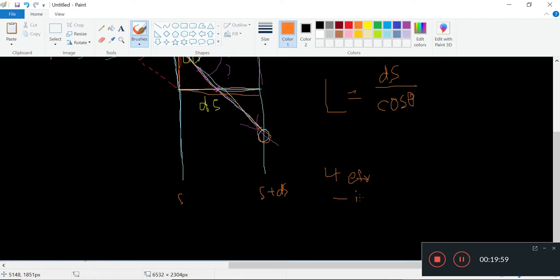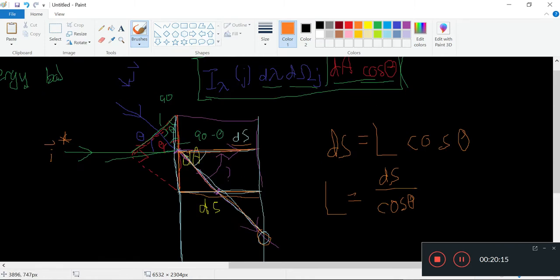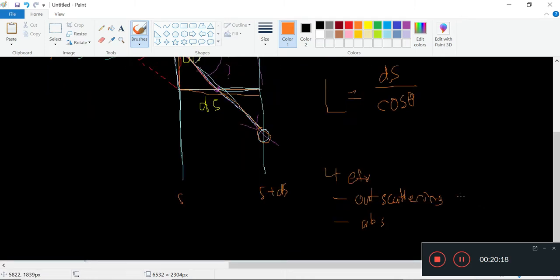So outscattering and absorption can happen from here to here, but also the emission, let me write that properly, E-M-I-S-S-I-O-N, and inscattering.